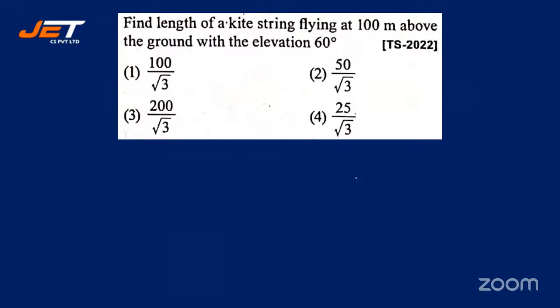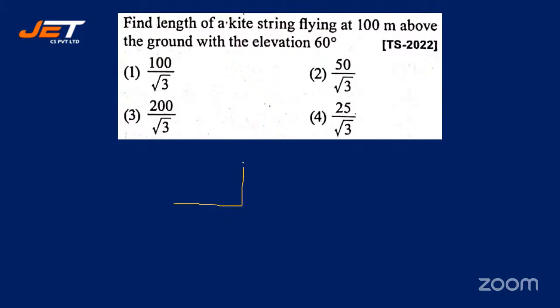See the next question. Find the length of a kite string flying at 100 meter above the ground with the elevation 60 degrees. So 100 by root 3, 50 by root 3, 200 by root 3 and 25 by root 3. So find the length of a kite string flying at 100 meter above the ground.